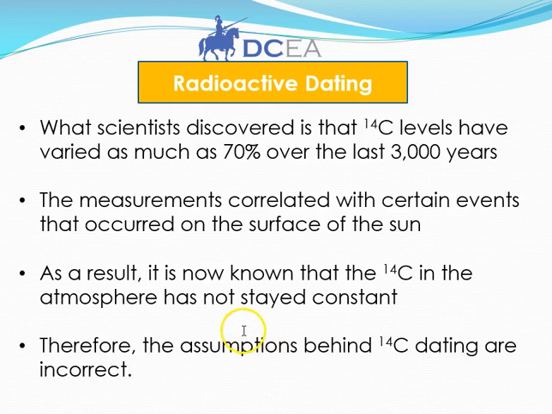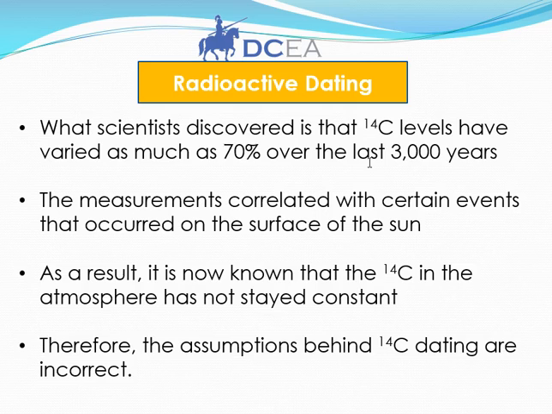What the scientists discovered is that carbon-14 levels have varied as much as 70% over the last 3,000 years. So this means that while they were measuring the carbon in these tree rings, the C14 levels were different per ring, and as much sometimes as 70% in the same tree.